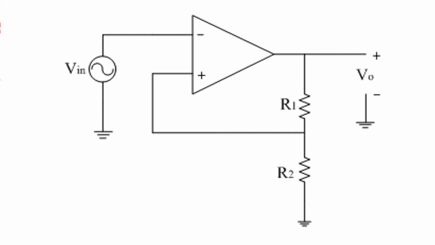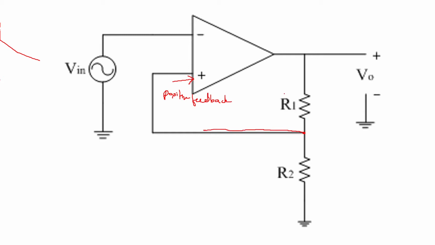So there is a positive feedback here. This is important, and it is going to come from this point of the voltage dividing network.